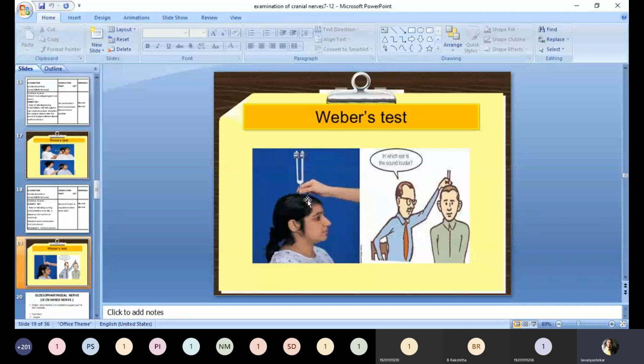This is because the masking effect of the environmental noise is absent on the affected side. If the sound is better heard in the normal ear, then the sound is lateralized to the normal ear, the hearing loss is in the defective ear, and it is due to nerve deafness. So this is how we do Weber's test.